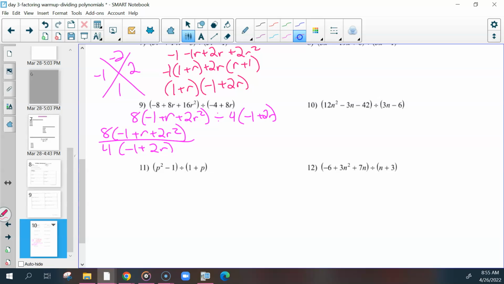But if you didn't factor out a GCF, then it wouldn't. We have 2, and then I divided these here. These factors would cancel, so we'd end up with 2 times this. And then we could distribute that out.